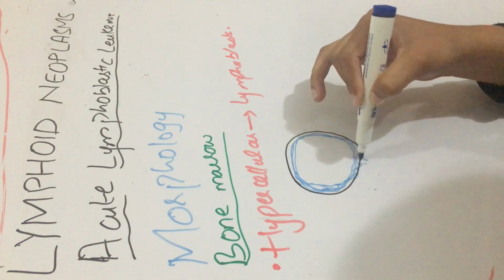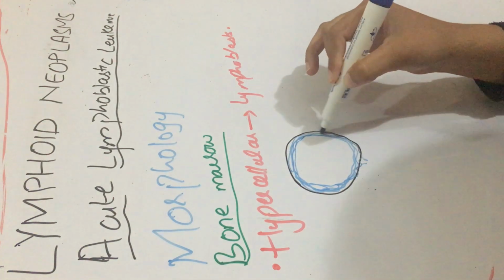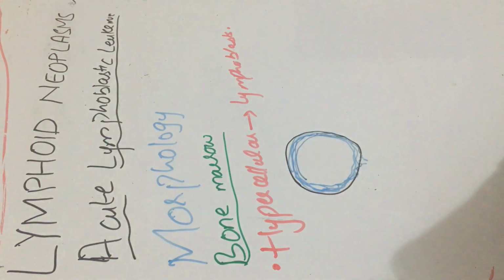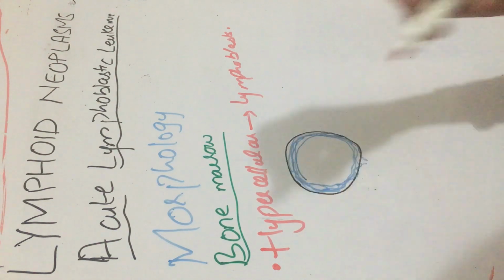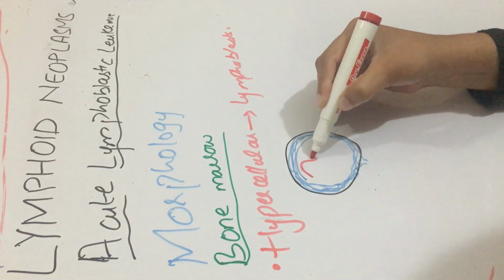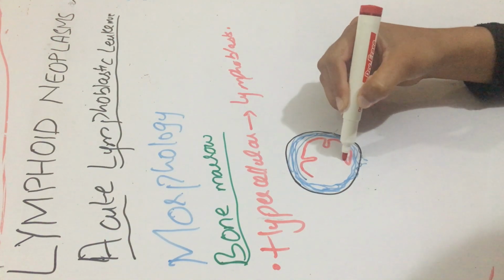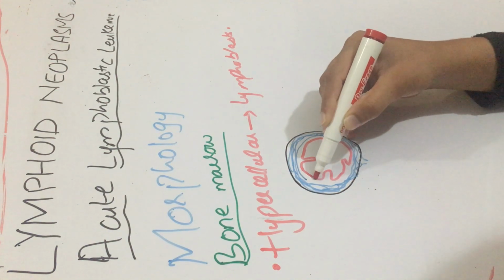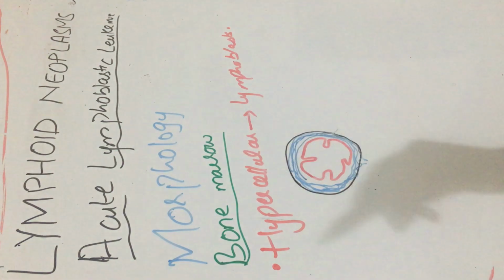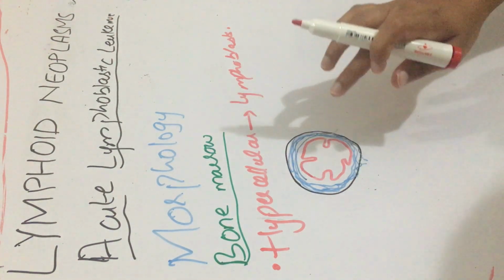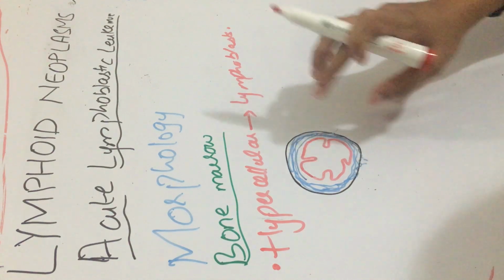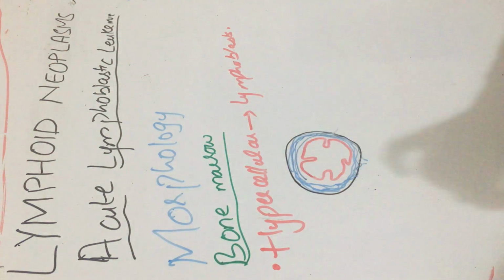The nuclear membrane is subdivided and cleaved. The nucleus has a folded configuration, because the nuclear membrane is deeply divided and gives a convoluted appearance to the nucleus.